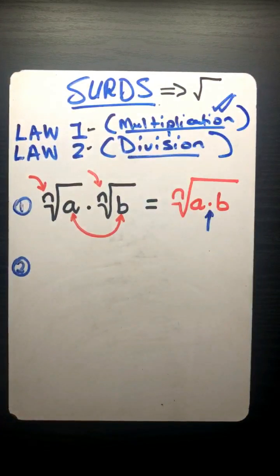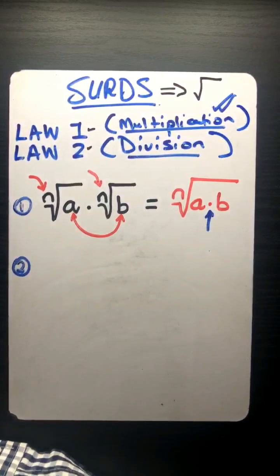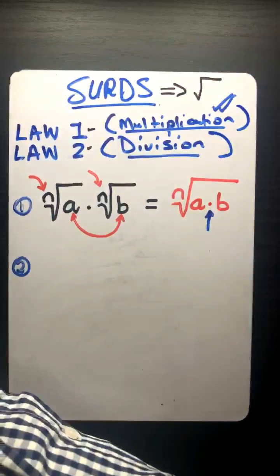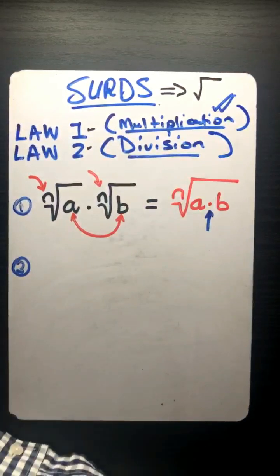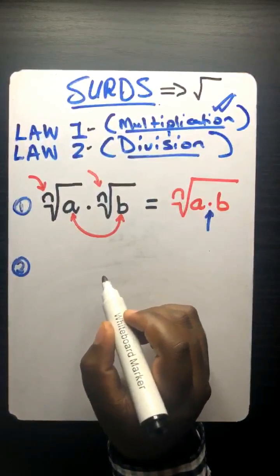Sometimes it is taken for granted that you understand, and it's not well explained. So in our lessons, we try by all means to leave no stone unturned. Yes. Okay. So now, law number 2 of division.